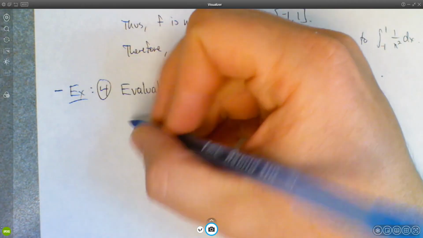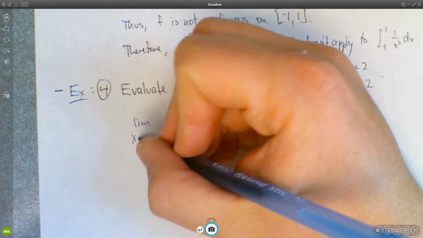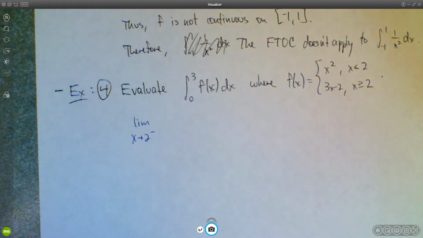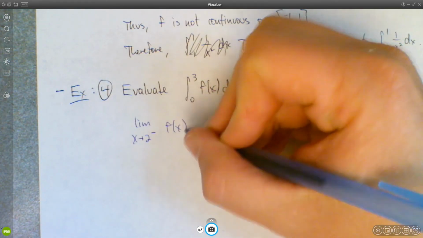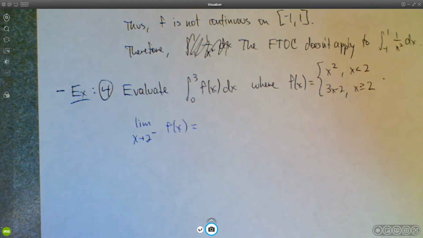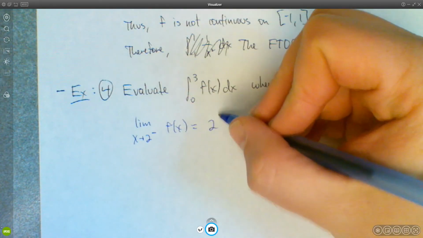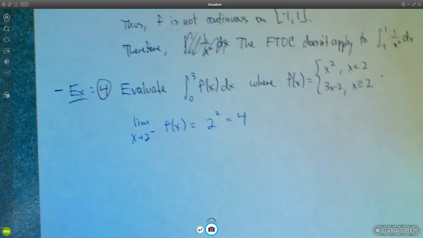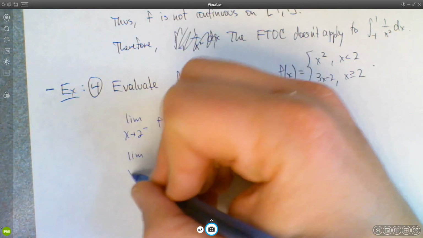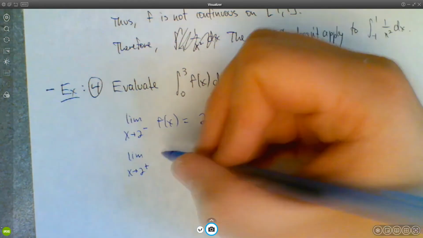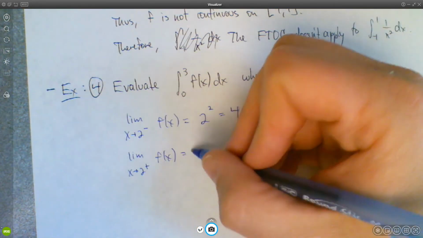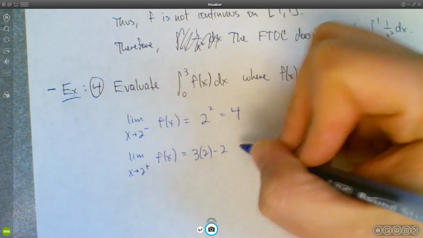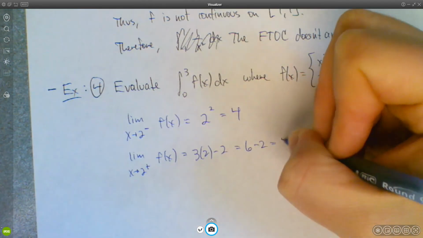Limit as x approaches 2 from the left: I'm plugging in something slightly smaller than 2, so I'm going to be using the top rule, so it's going to be 2 squared, which is 4. Limit as x approaches 2 from the right of f of x: I'm going to use the bottom rule for that. So I'm going to get 3 times 2 minus 2, which is 6 minus 2, which is 4.